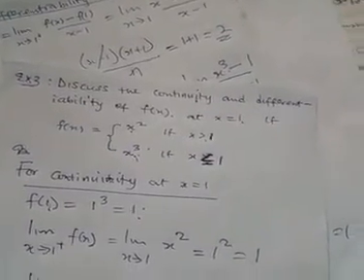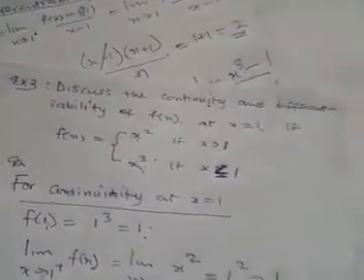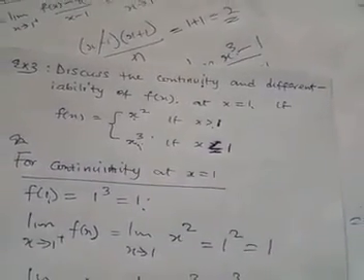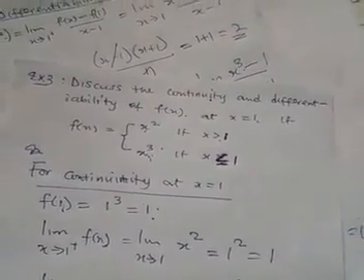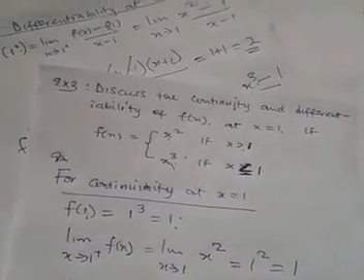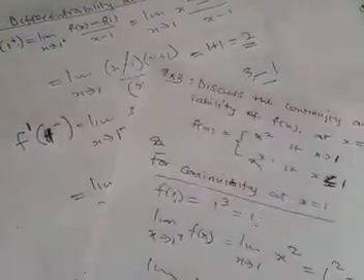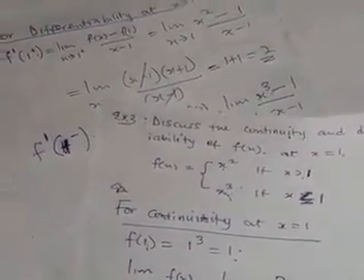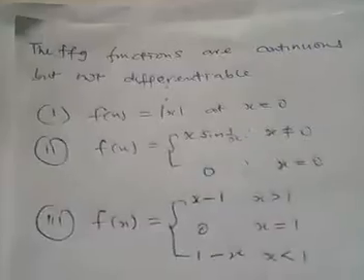The converse need not be true, because a function might be continuous and yet not differentiable. We have given two examples now to show that there are functions that are continuous but not differentiable. So let's take the following exercises for more such functions.